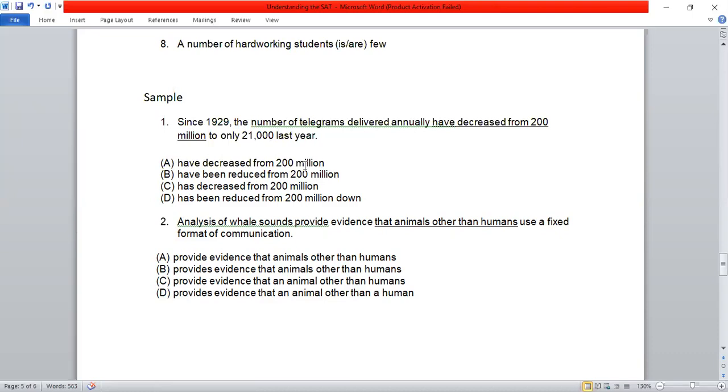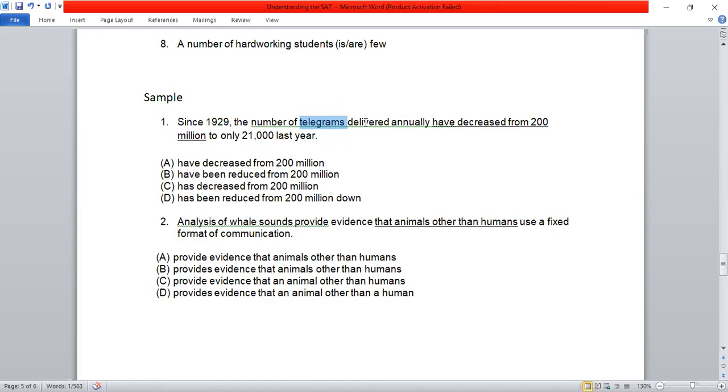Okay, let's see. Since 1929, the number of telegrams delivered annually have decreased from this. So what have decreased or what has decreased? Telegrams? Can telegrams go down?